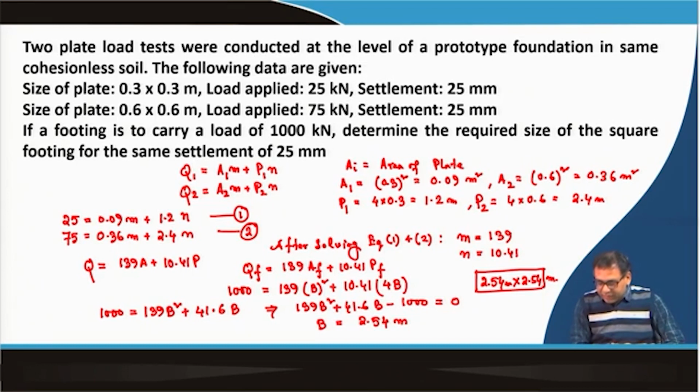So, this is the minimum dimension required for this particular foundation to get 25 millimeter settlement under 1000 kilonewton load. Okay. So, this way also you can determine the dimension of the foundation by using plate load test data.